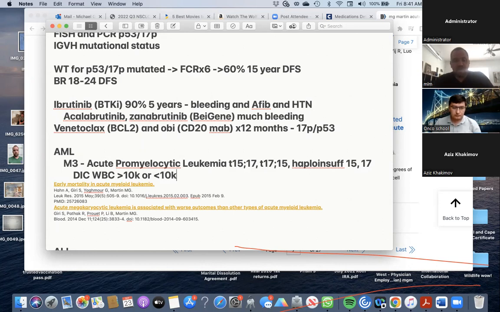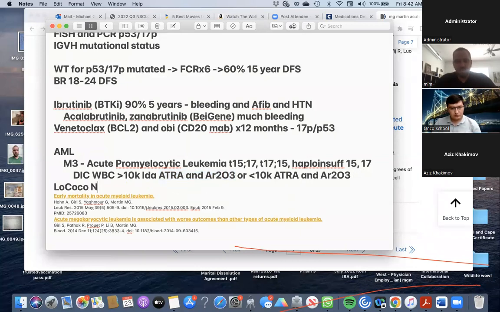With greater than 10,000, you give them idarubicin or any anthracycline, really, and then you give them ATRA and arsenic trioxide. If they're less than 10,000, you just give them arsenic and ATRA. Not sure if you have those available, but these were based on a paper in the New England Journal of Medicine by Lo-Coco.